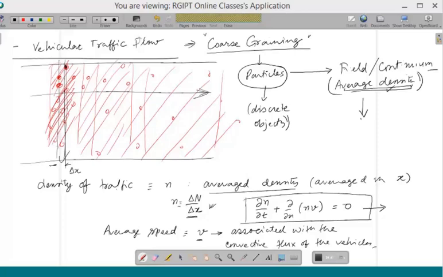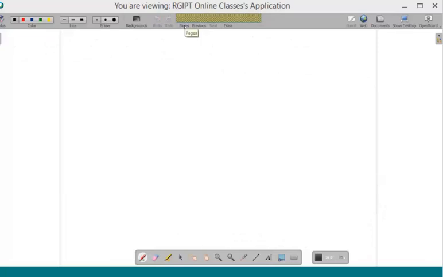One more example, maybe a couple more examples, just to get you accustomed to the kind of problems we'll be seeing. One example involves reaction but no convection.